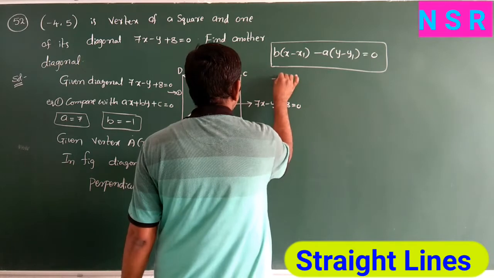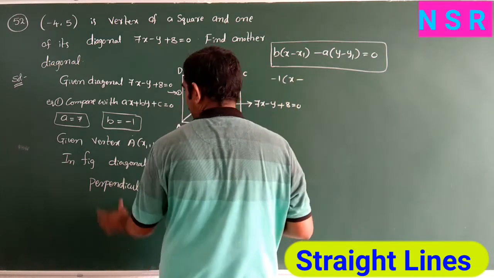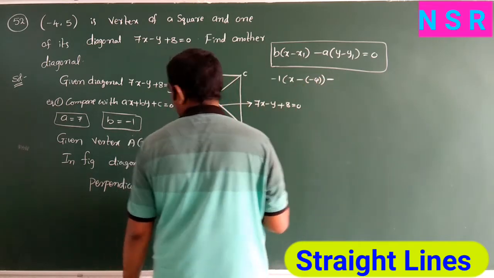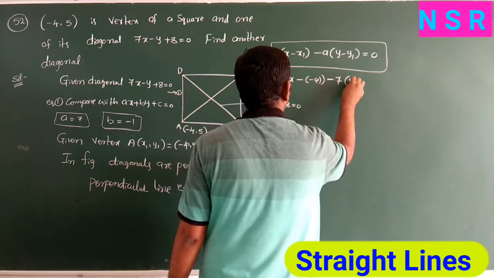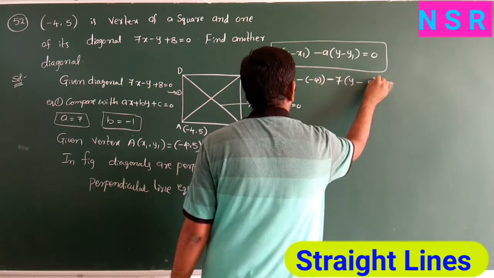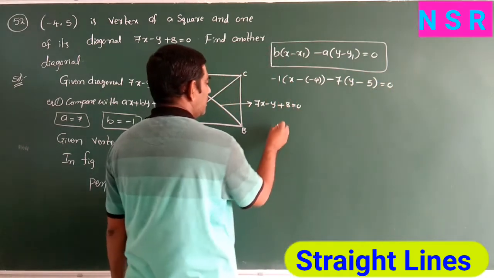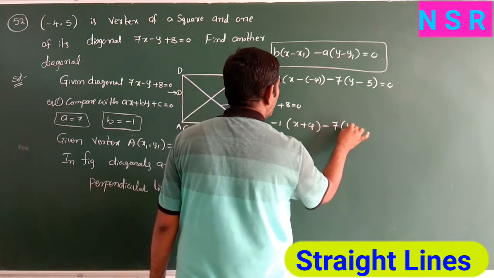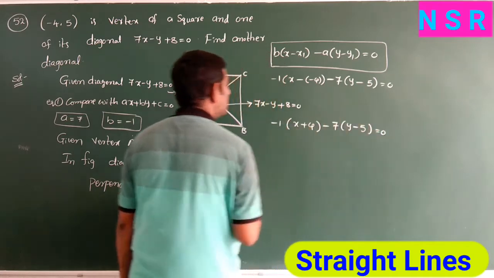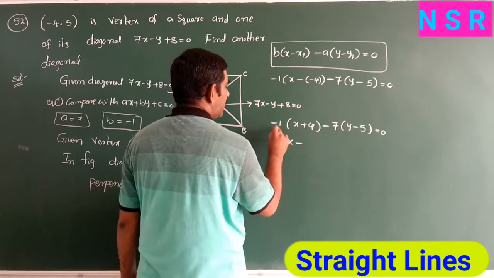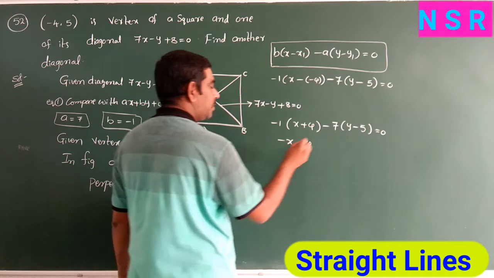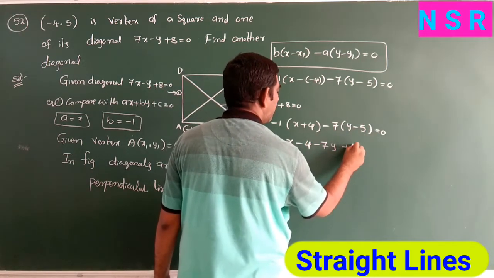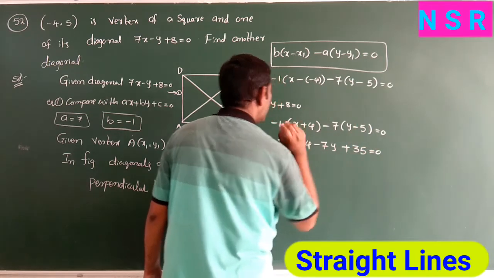Now b value is minus 1 into (x minus x1 value minus 4) minus a 7 into (y minus y1 value 5) equal to 0. So minus 1 into (x plus 4) minus 7 into (y minus 5) equal to 0. So minus x minus 4 minus 7y plus 7 fives are 35 equal to 0.